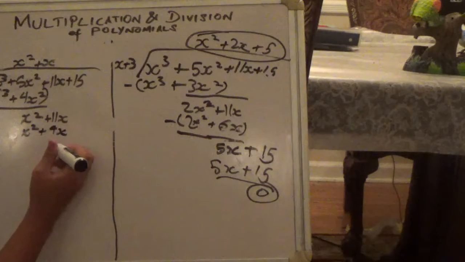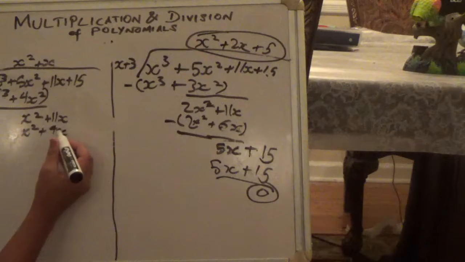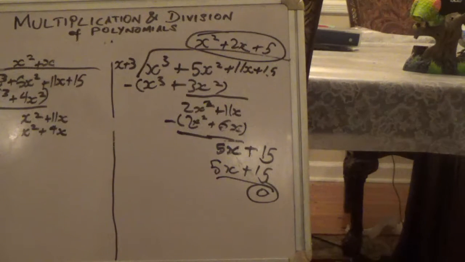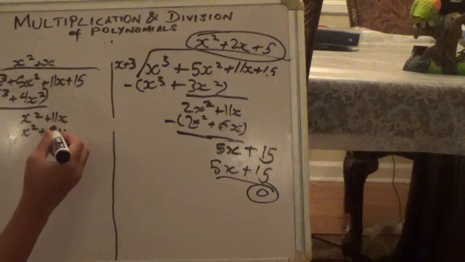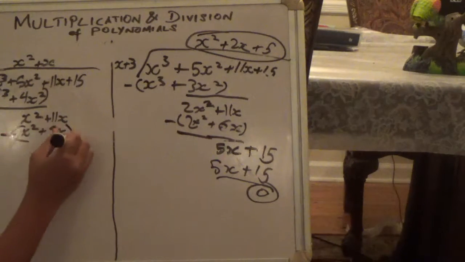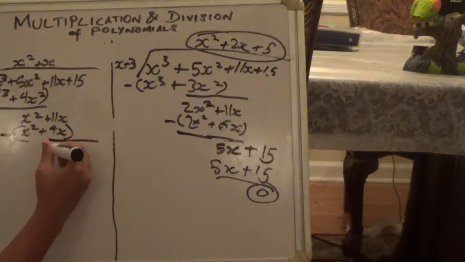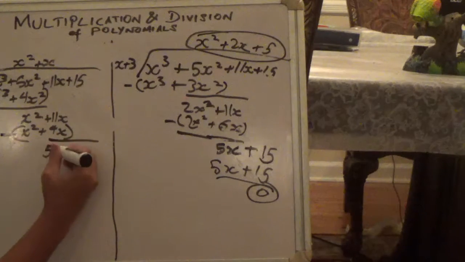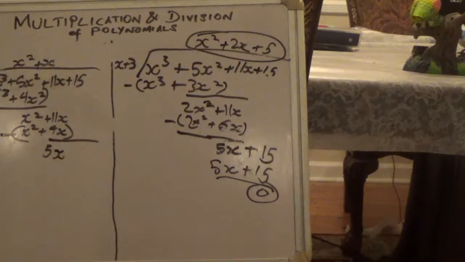Okay. So now that you have x squared plus 4x, you subtract that and you get 5x. Wait, 11 minus 4, what am I doing? Not 5, 7.